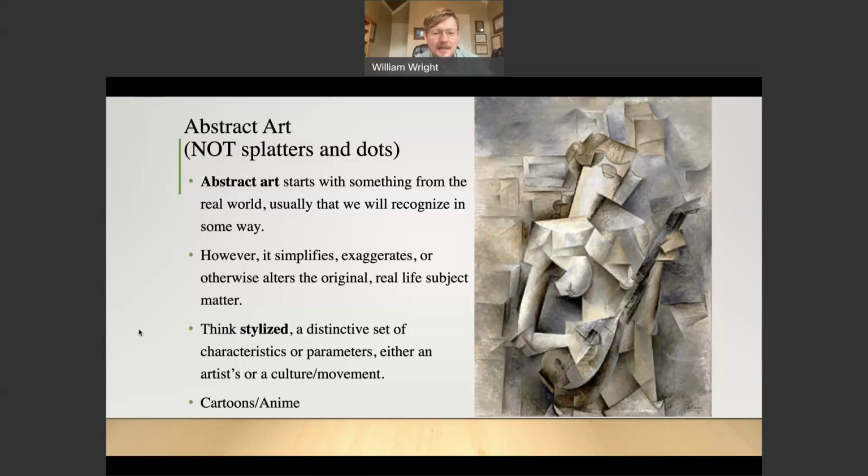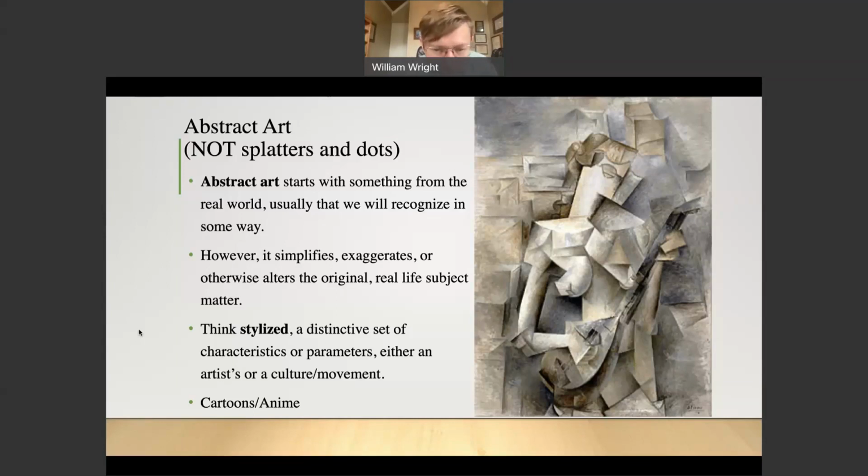This is stylizing, changing it using often a distinctive set of characteristics or parameters, either of an artist or a cultural movement, but basically choosing a style. We already talked about style in the other slides, but it's just changing it in this really specific way, so that it's not that it doesn't look like the thing, but it doesn't look like the thing like it does in the real world.